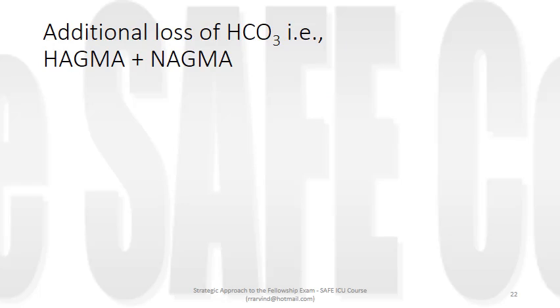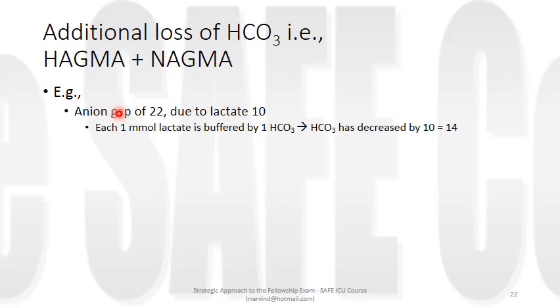So let's take the first example. When you have a combination of high anion gap metabolic acidosis plus normal anion gap metabolic acidosis, it means that you have two separate sources of loss of bicarb. Let's take an example. The anion gap is high, it's 22 in this patient, and that is mainly due to a lactate of 10. If this was the only disorder, then each lactate molecule will be buffered by one bicarb molecule.